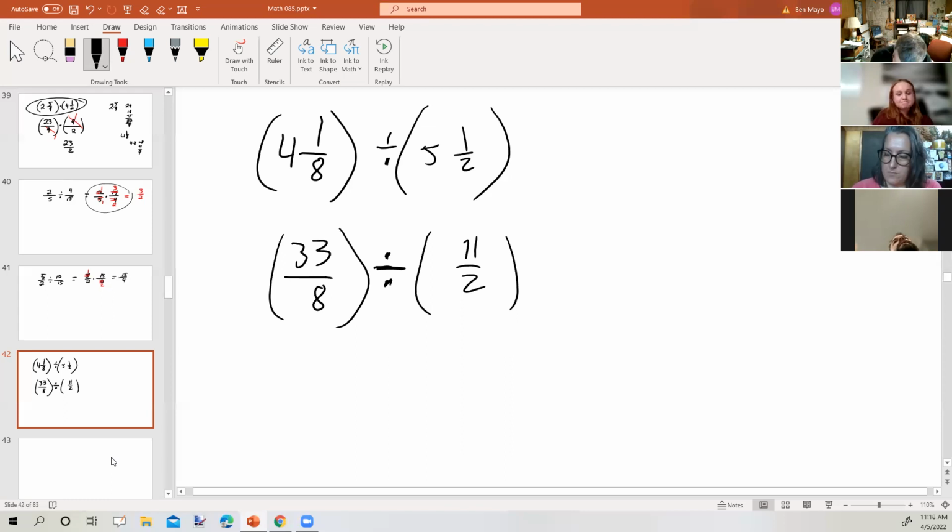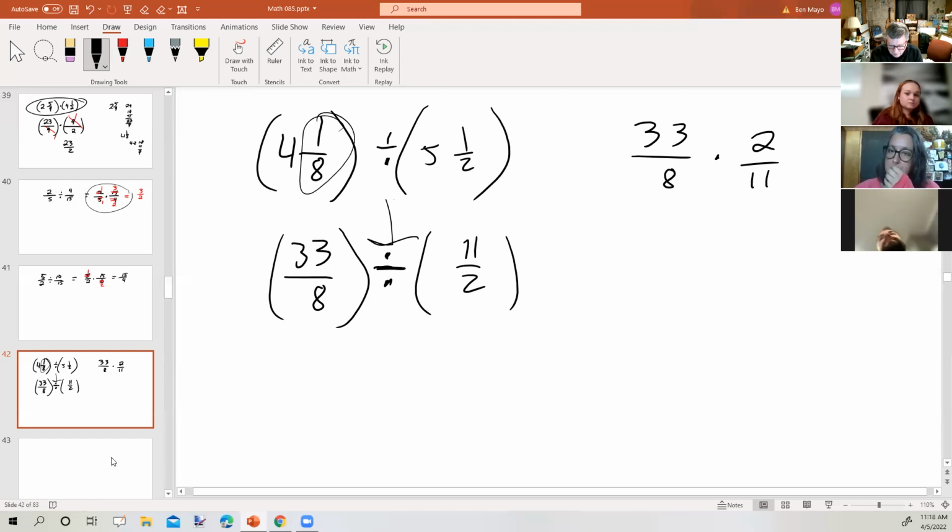But now I'm going to rewrite that. Dividing by 11/2 is like multiplying by 2/11. But change it into the improper fractions first, because otherwise you might think that this is 4 and 8/1 and 5 and 2/1. No, it's the reciprocal.